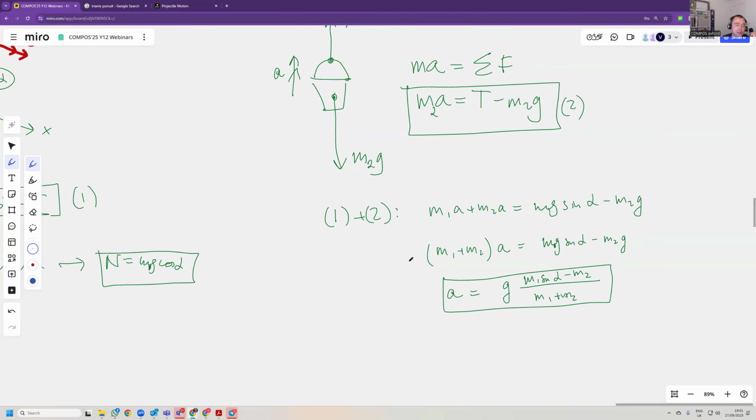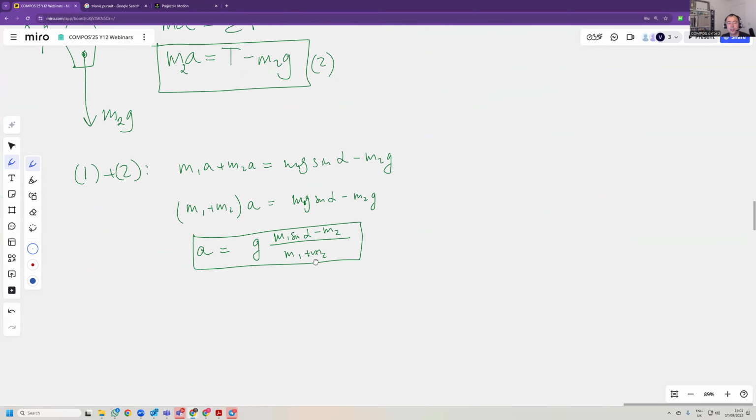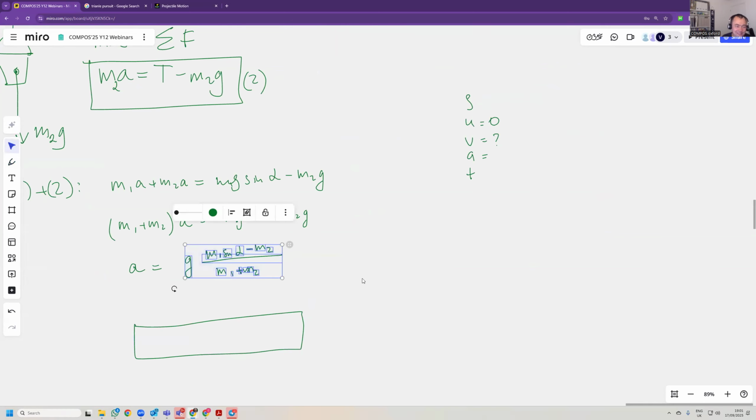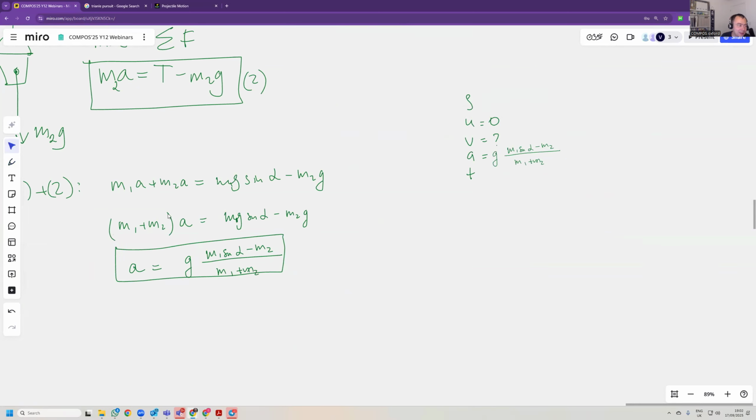So we've got acceleration. And now we need the time it takes to travel a distance s. Well, that's an easy one. It's a SUVAT. Initial speed is 0. Final velocity is unknown. Acceleration is known, it's this. And t is the question mark.